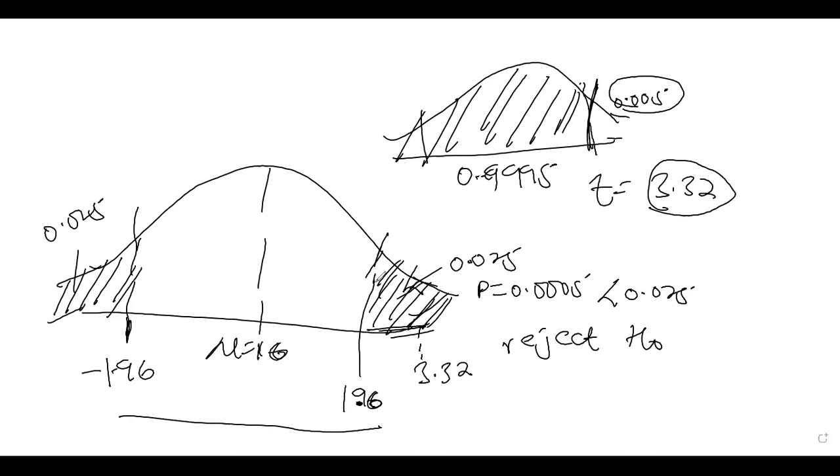In fact, if your p-value was more than 0.025, you would have moved in here, okay? But it is less than 0.025, because the maximum for the rejection region is 0.025. And 0.0005 is less than 0.025. So we reject the null hypothesis, all right?